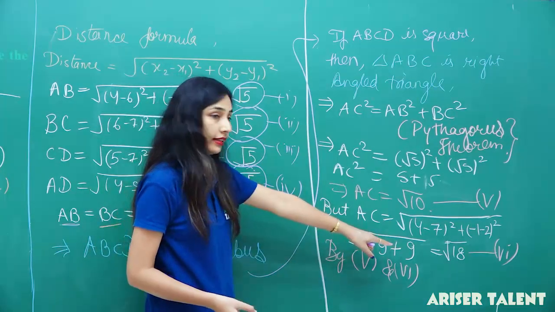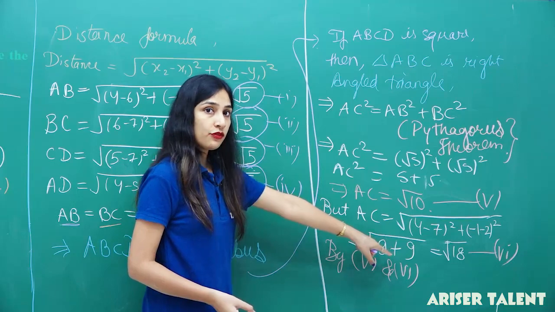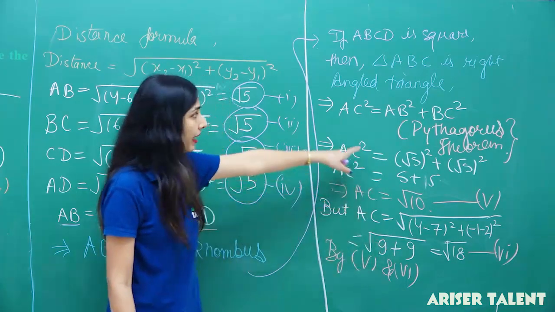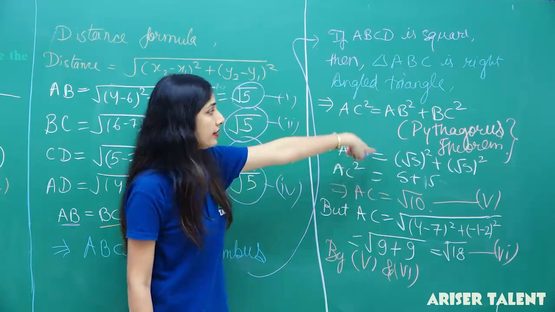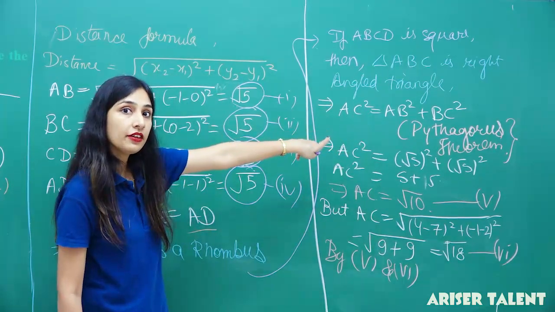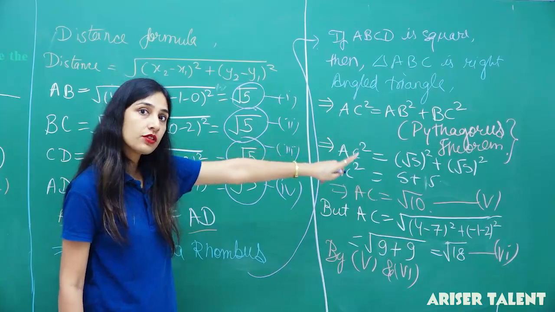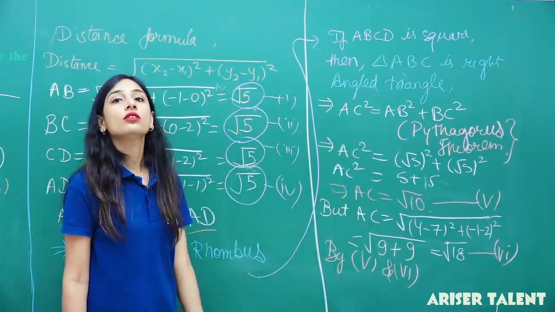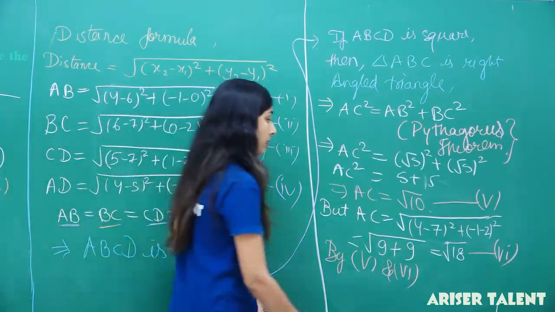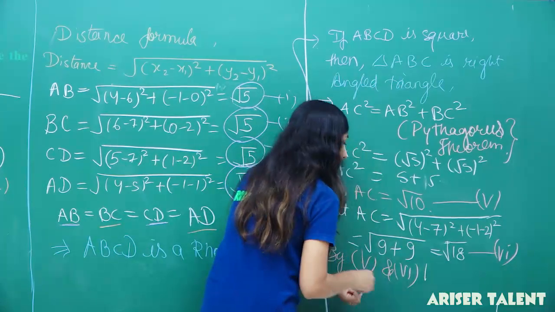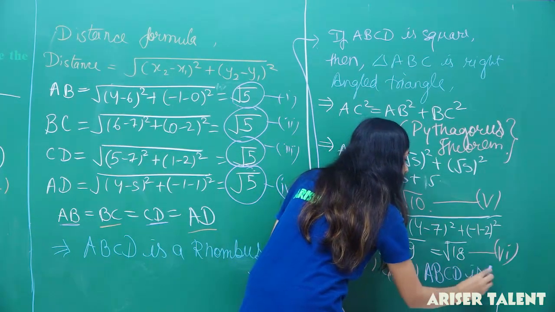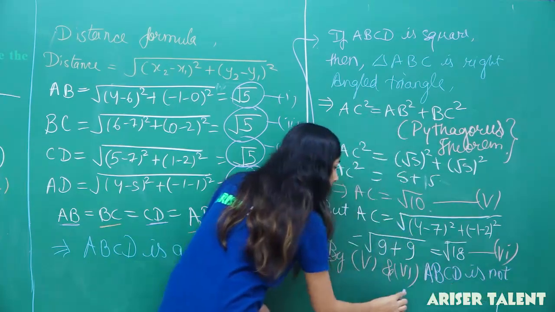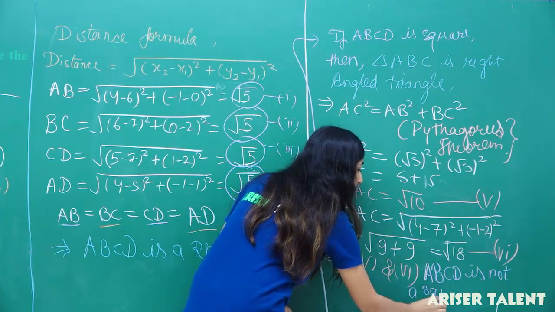The value of AC from the distance formula does not follow our supposition that this is a right angle triangle. So this is not a right angle triangle, and if this is not a right angle triangle, then it is not a square. ABCD is not a square.